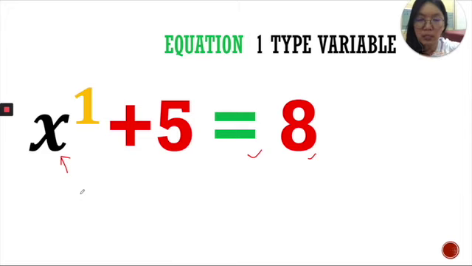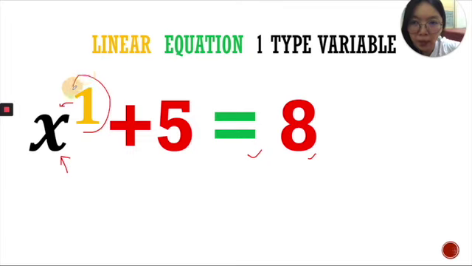And this chapter is about linear equation. And this is also a linear equation. How to identify that? Because the power of the variable is 1. So if the power of the variable is 1, it's called linear. So the whole thing here is called a linear equation in one type variable.